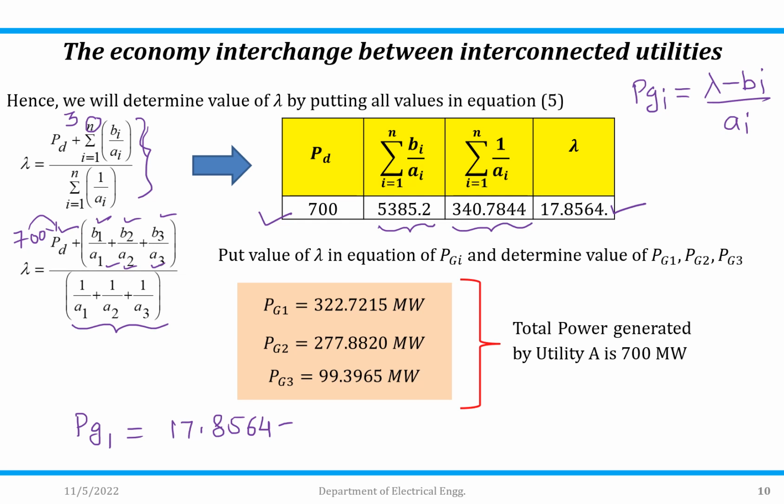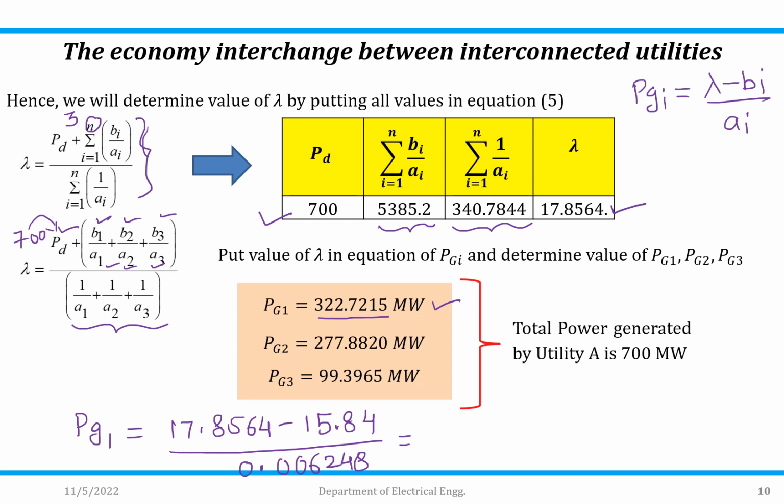B1 in case of generator 1 is 15.84, divided by A1, which is 0.006248. If we solve this, we will get the answer for PG1, that is 322.7215.